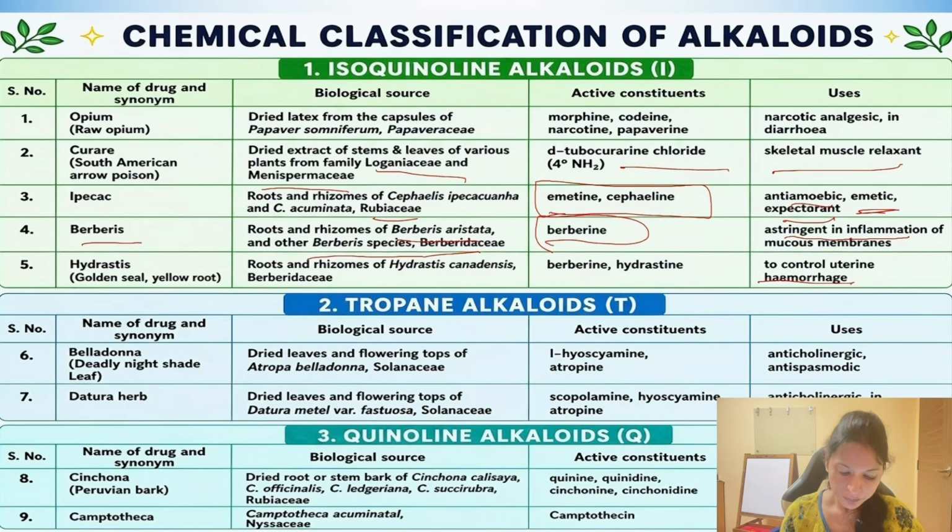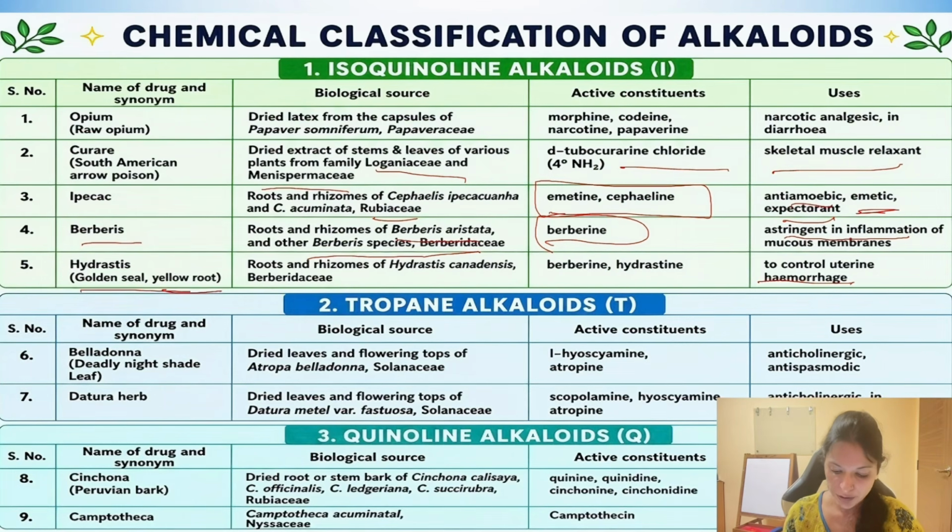Coming to hydrastis, the other example, it is also known by alias names, golden seal or yellow root. If you have seen carefully, all these last three are roots and rhizomes.